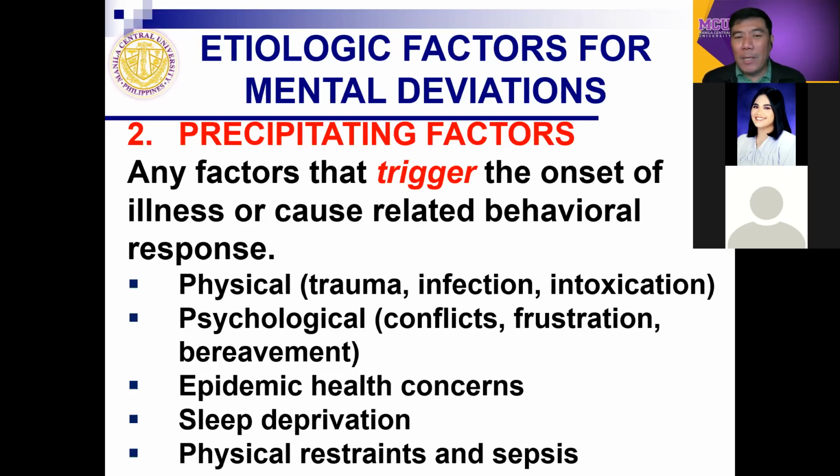Another trigger is epidemic health concerns kasi pwede siya maging precipitating. Kanina sinabi natin predisposing, ngayon precipitating, that the one that triggers kasi nagti-trigger po 'yan kasi yun nga, new protocols will be considered. So pwedeng ma-deprive ka from mental, pwedeng high risk ka for infection. So yun, yung certain adjustment by which a person cannot adjust or may be high risk. Pwedeng nagti-trigger yon in the system.